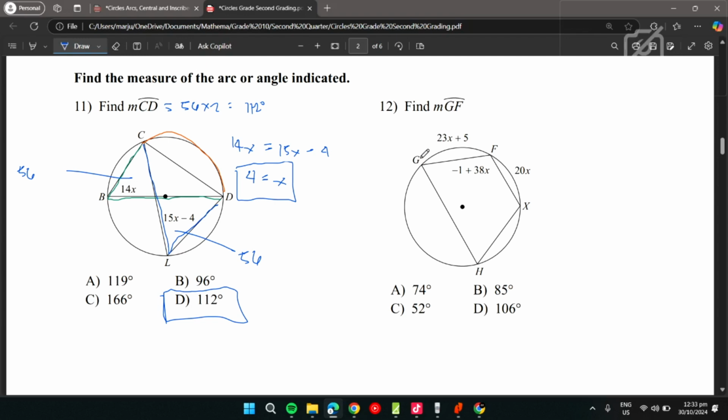Where is GF? This is what we are asked to find. How do we look for GF?